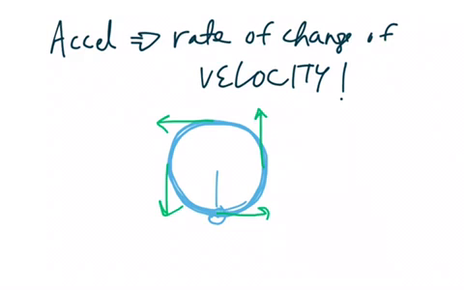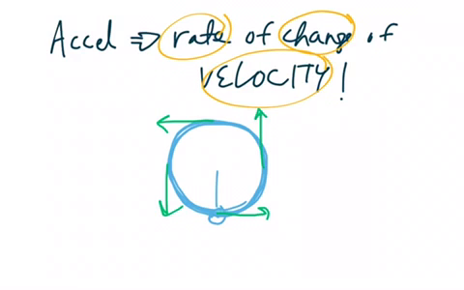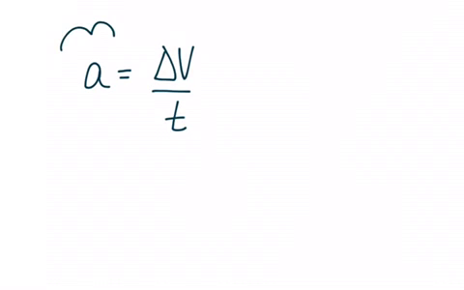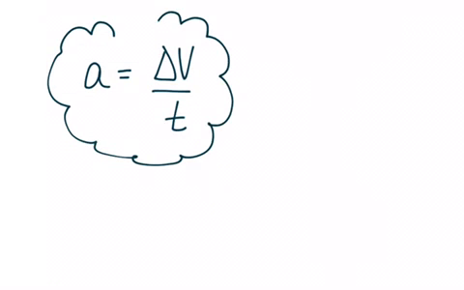So we want to remember that acceleration is the rate of change of velocity. And if I were to write that in an equation form, it would look just like this: a equals delta v divided by t. Now first of all, this t comes from the word rate.